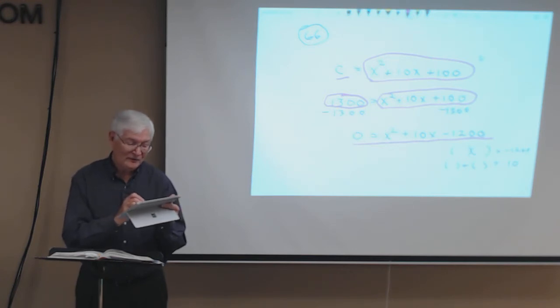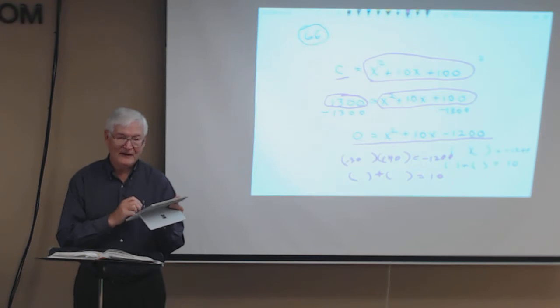What two numbers multiplied would equal negative 1200 and added would equal 10? How about 30 and 40? And make 30 negative and 40 positive. You like that?